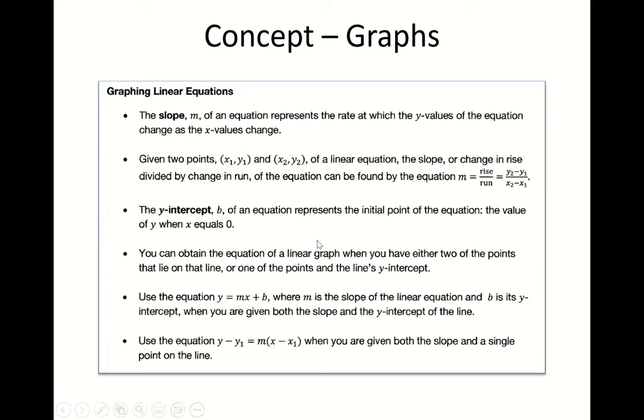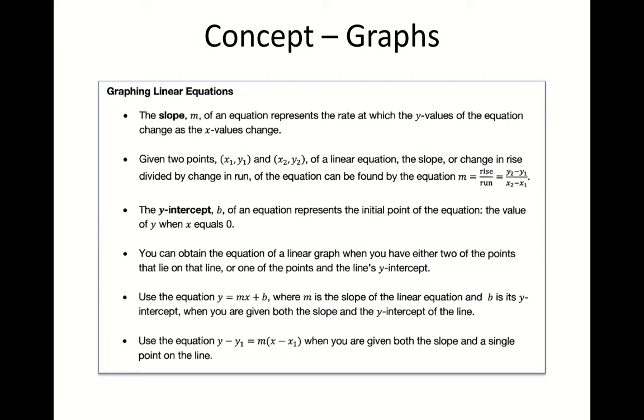So when the function starts at 0, 0, then b equals 0, right? All the y-intercept is, is when the line crosses the y-axis, that vertical line.